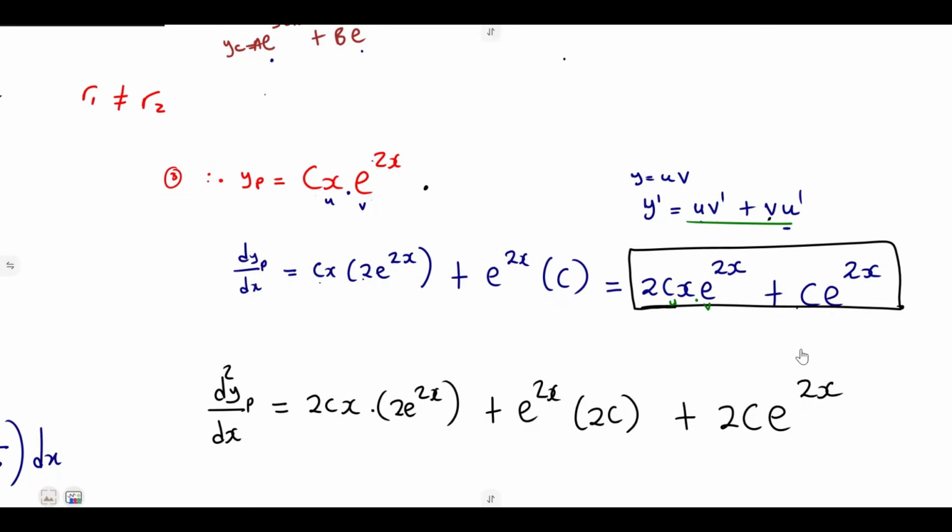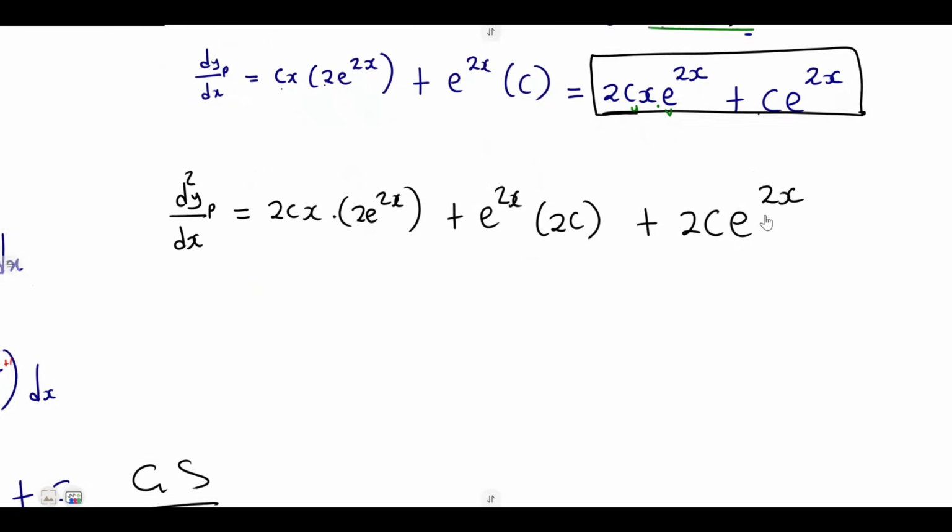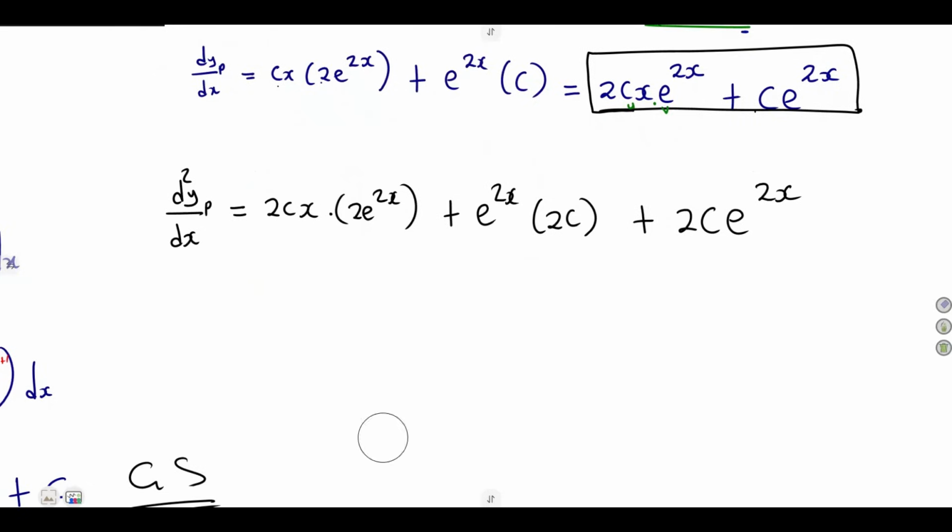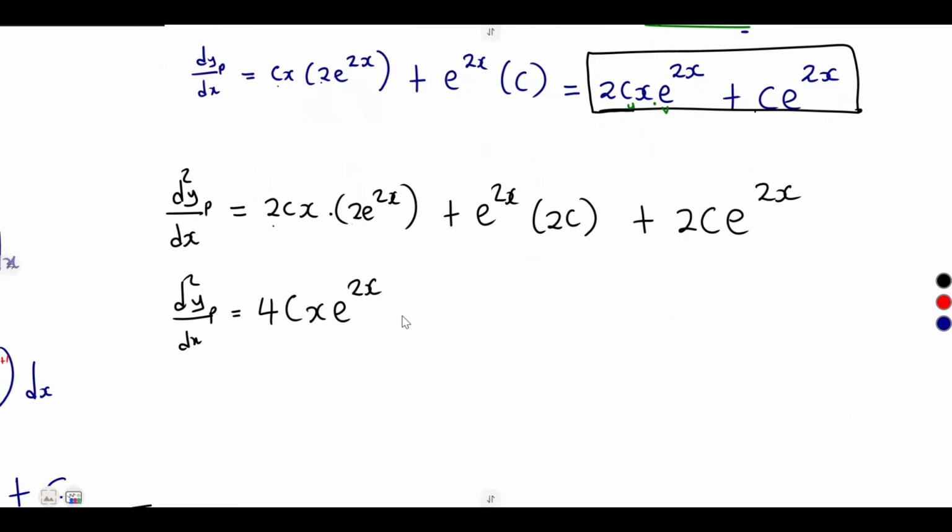So that's it. We have got our second derivative, just that we need to simplify it. Let us try to simplify this one. 2 times 2, that's 4, so it's going to be 4cx e to the exponent of 2x plus the 2c.